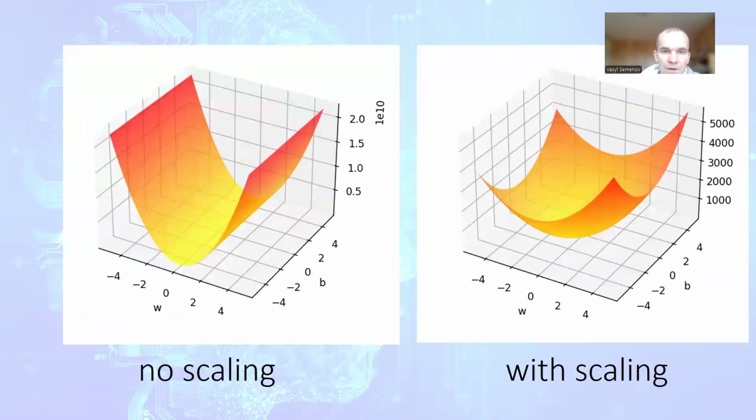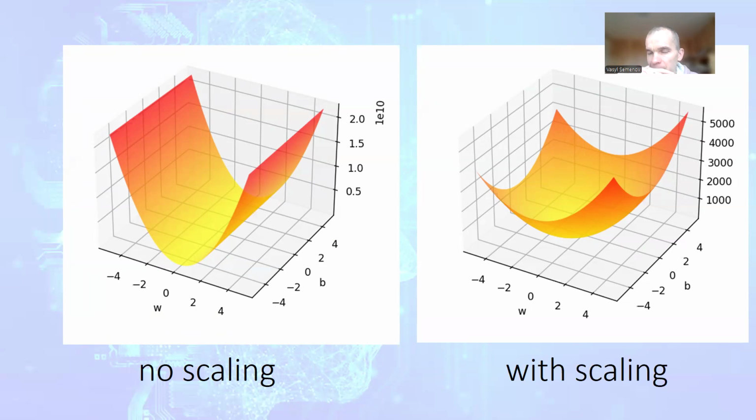What I want to mention is that it's very important for data to be scaled, because here we also see what would occur if our data are not scaled. The cost function would have a form which is more difficult to minimize.